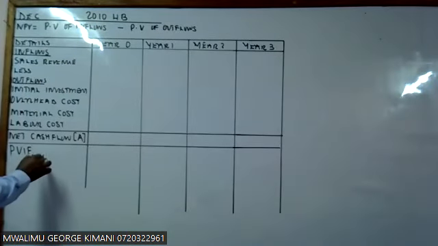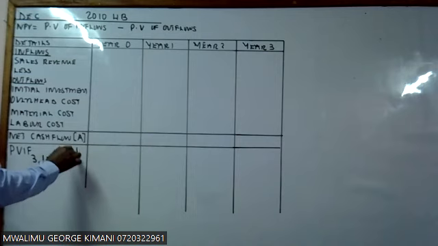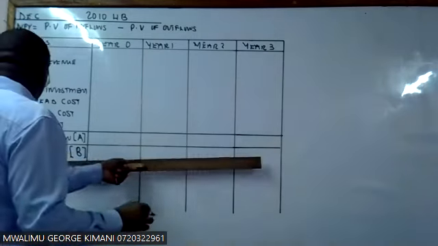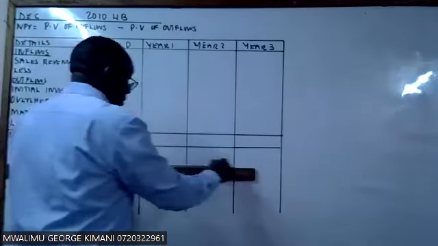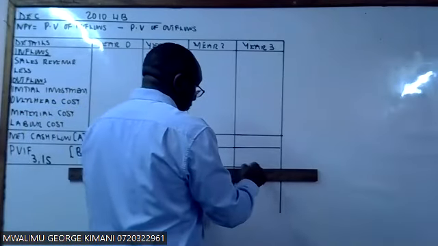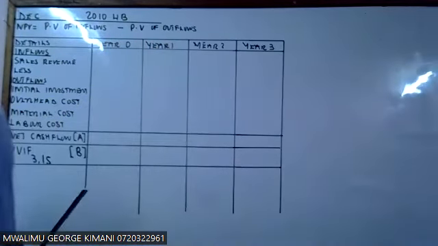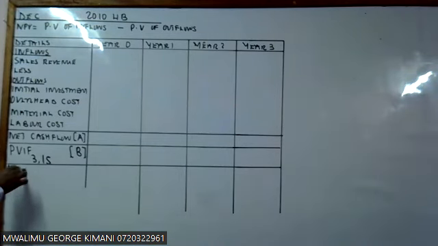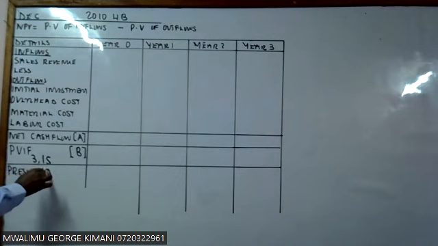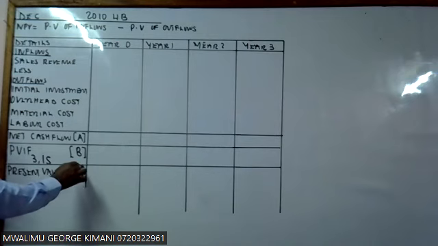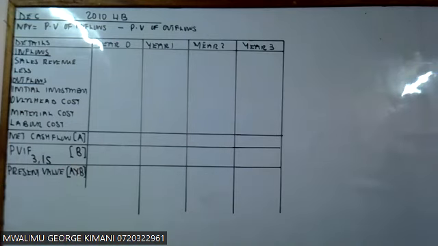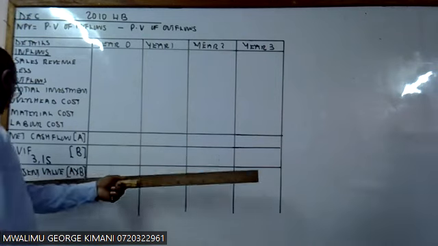So at 15, this one we can call it B. That now will afford us what we call present value. And how do you get present value? It is A times B.